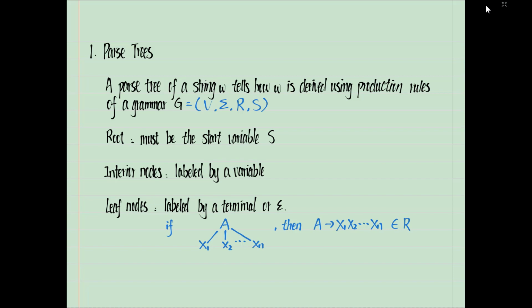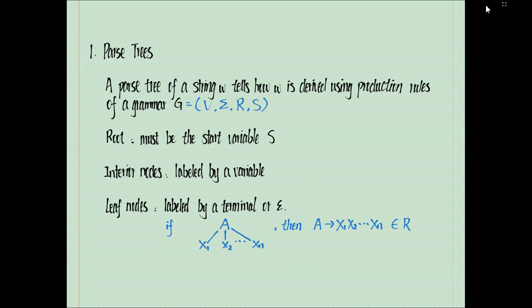So if we have a structure like this, the parent node is A, and the children nodes are x1, x2 through xn. A can only be a variable because it's an interior node. But for those children x1 through xn, they can be either variables or terminals or epsilon, depending on their position. If some xi is a leaf node, then it is a terminal or epsilon.